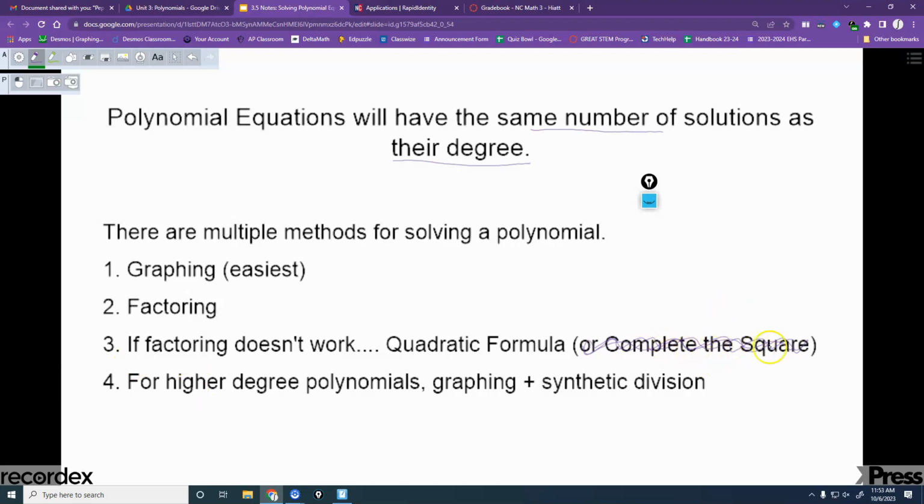And we'll cross that bridge whenever we get there. And for higher degree polynomials, you can use graphing, and this is synthetic division. I did not do synthetic division, although I think Paloma kind of figured that out. We did long division for that. And that would be the most complicated one that we'll run into. So let's look at our next slide here.